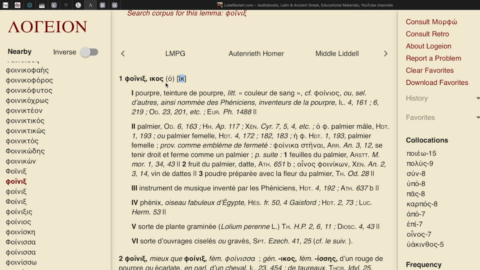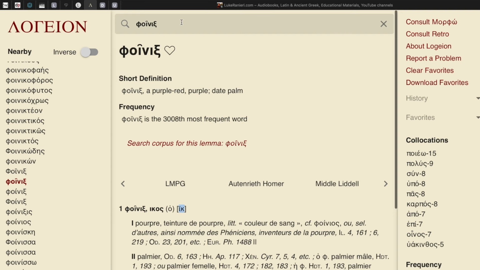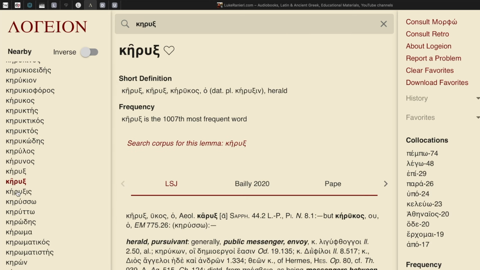So it's not a long iota in the nominative, it's short. It is, however, long in the genitive, phoinikos, phoinika, and so forth, which is why it ends up being long in the word for Phoenicia, Phoinike. And there's another word that does this, kerux, the herald. So it's, here, that's interesting. Here it's written with the acute, because I picked this one by accident. There we go. So this is the normal form we see in Attic, kerux, short.